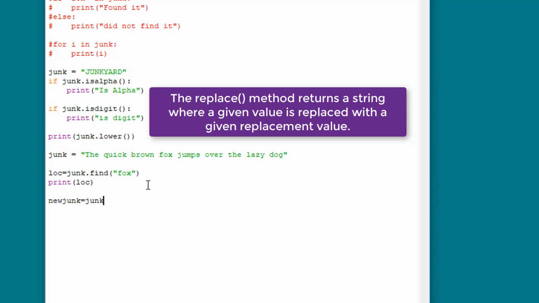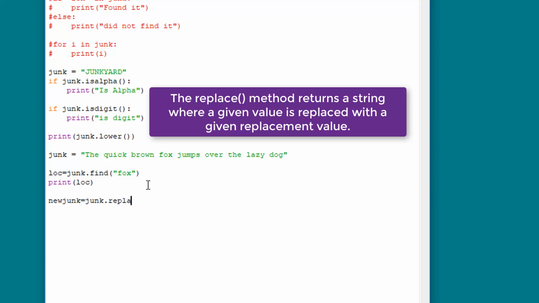Let's say you had a giant Microsoft Word document and you had an address wrong and you wanted to replace that address with the new address. You could do a find and replace. There's a similar thing in Python that we can use, and we're going to look at that right now.